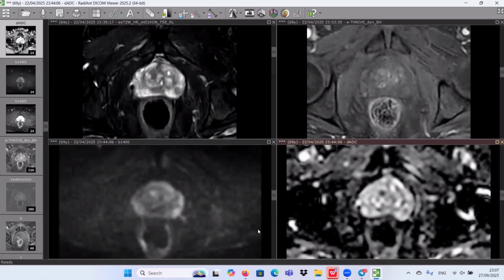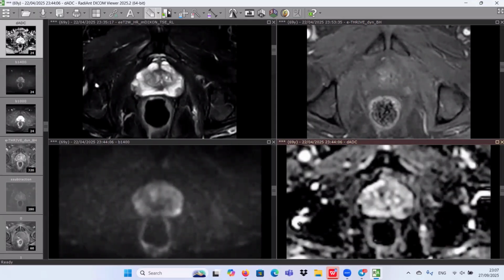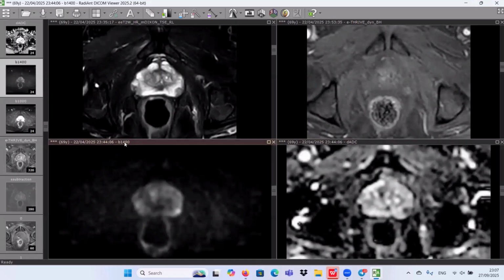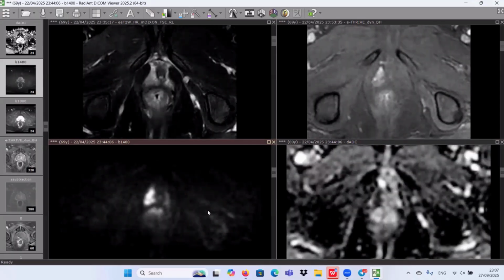So let's review again our last case. We discussed last time that on the diffusion weighted image, 1400 B value, we have a small lesion of bright signal intensity, and on the corresponding ADC, a black hole. This one is considered diffusion weighted image score 4 because it is less than 1.5 centimeter.